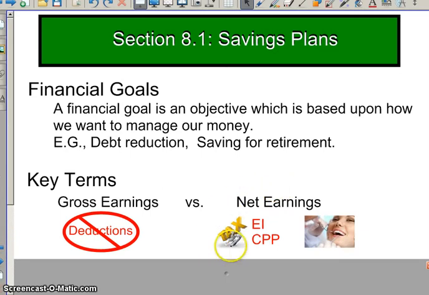Okay, so for example, the government's going to take tax off. The government's also going to take EI, which is employment insurance, just in case you ever become unemployed. The government's also going to take off something called CPP, which is Canada Pension Plan. So when you turn 65, you're able to collect pension so you can stop working and retire at that time.